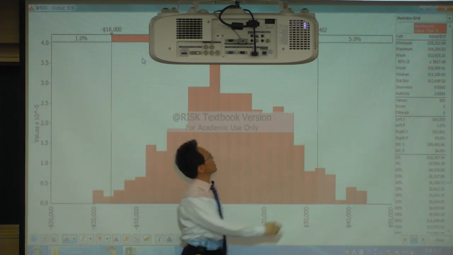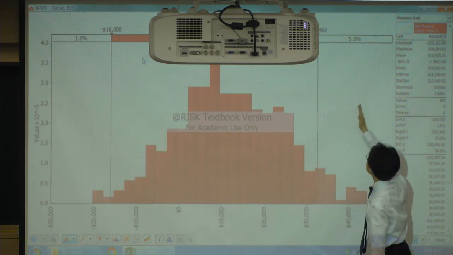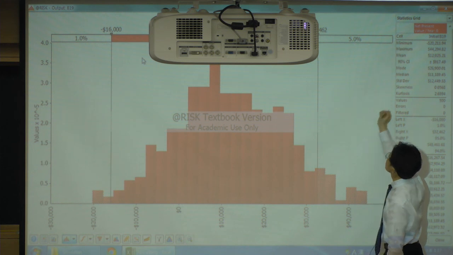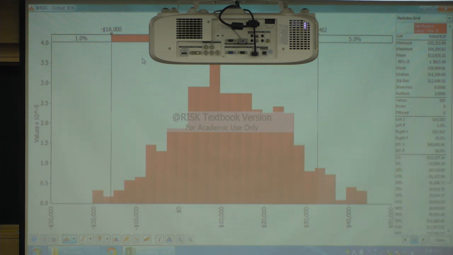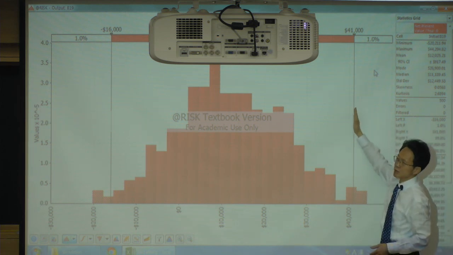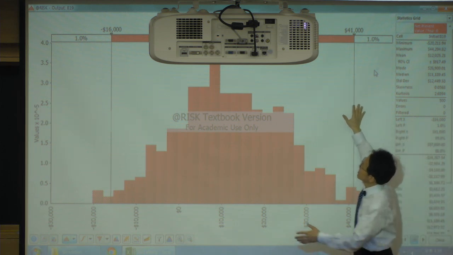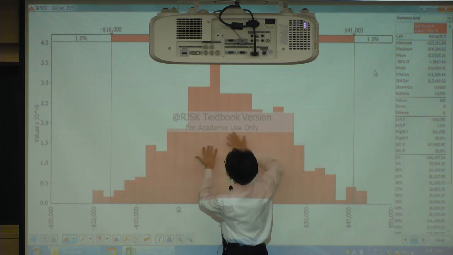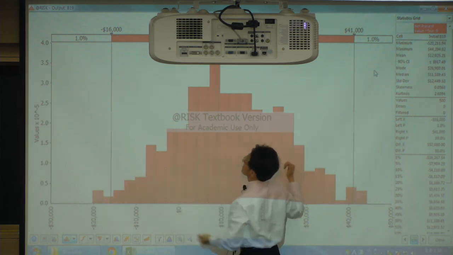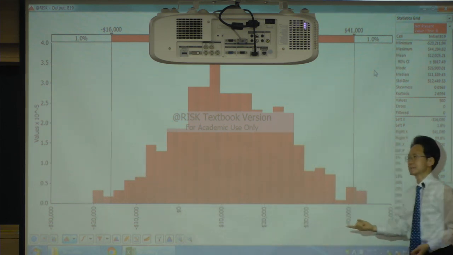Okay, if I want to find out 99%, then you actually click this and move all the way up to, okay, so 99% is 41,000. So basically I now have a 98% confidence interval for this project.